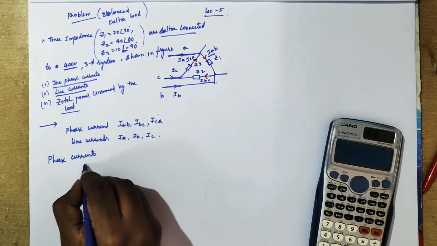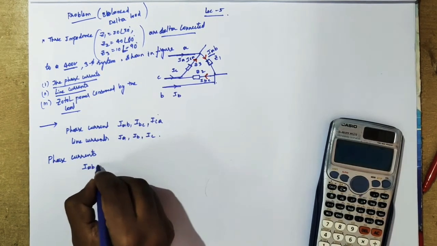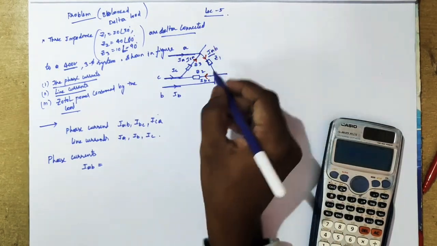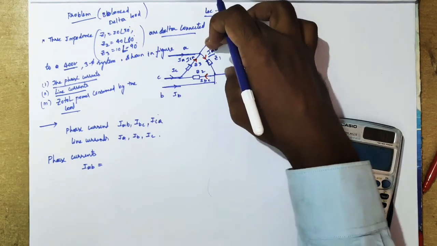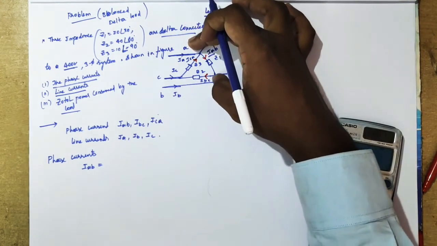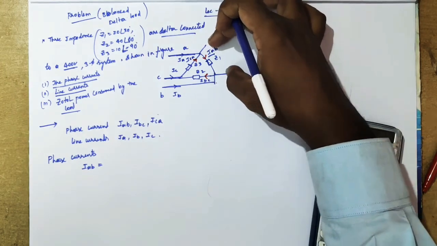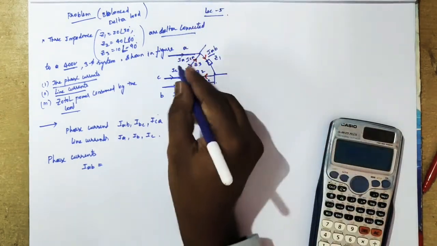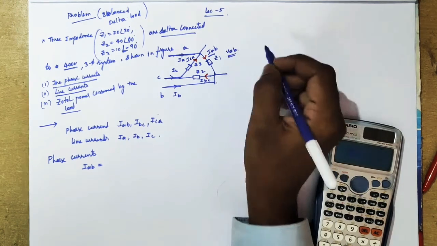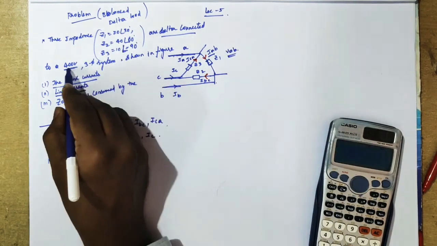Phase current IAB equals what? For finding IAB, we have phase A, line voltage between A and B, so we have VAB. The line voltage VAB is 400 volts.